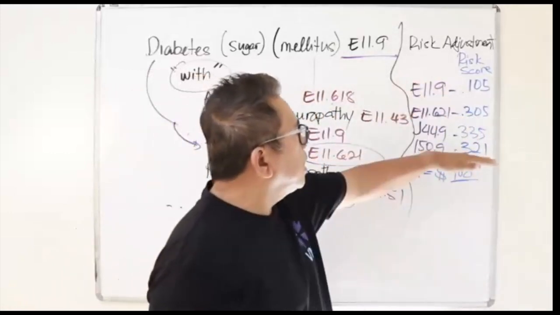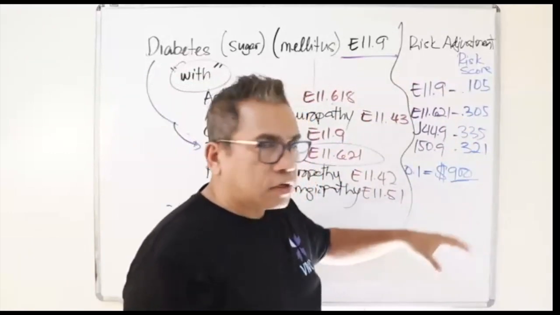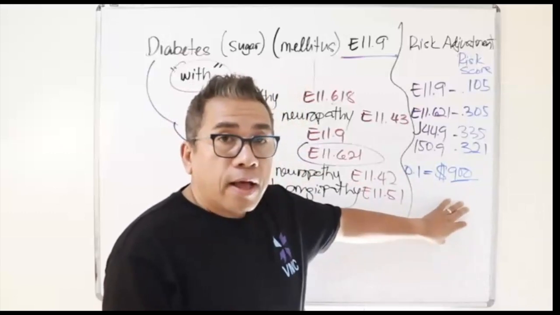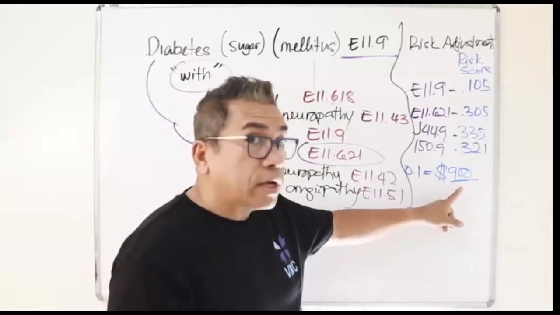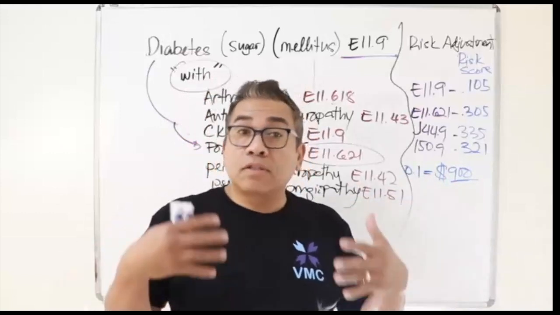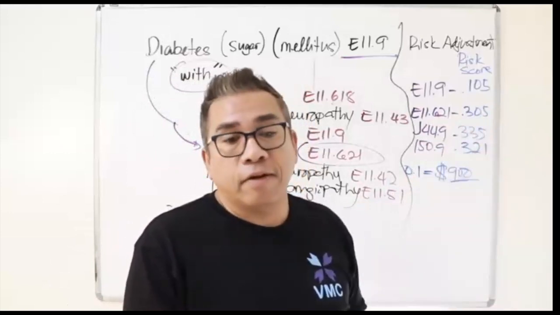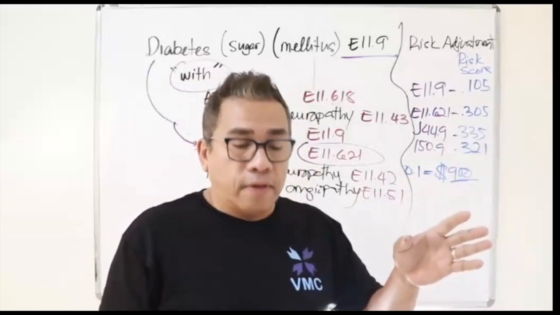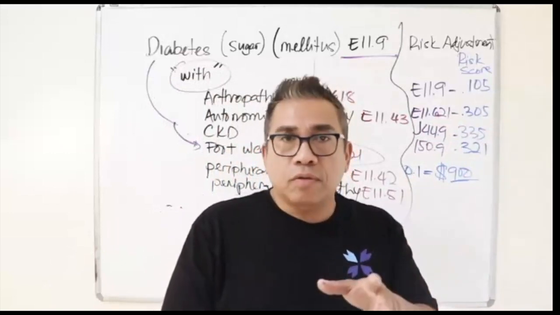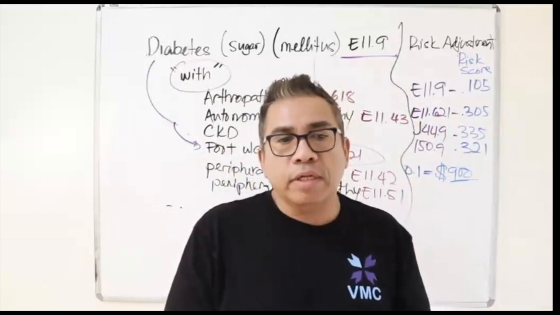At the end of the day, they add them all up, then some more adjustments are done, and from the total they multiply it by this $900. That's the total reimbursement awarded to the provider for taking care of the patient. All the provider needs to do is to report it, to record it.